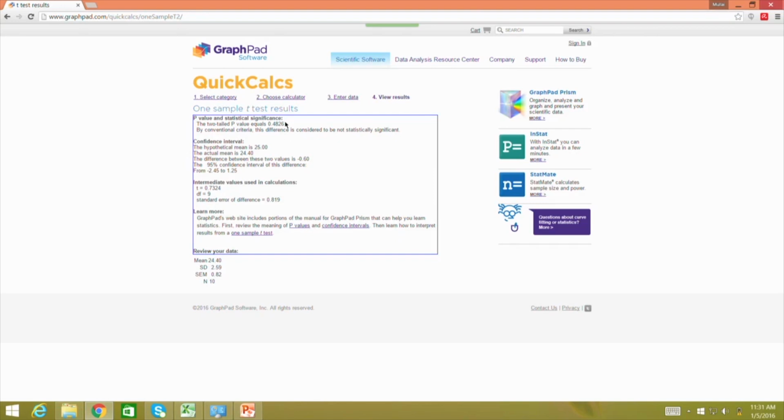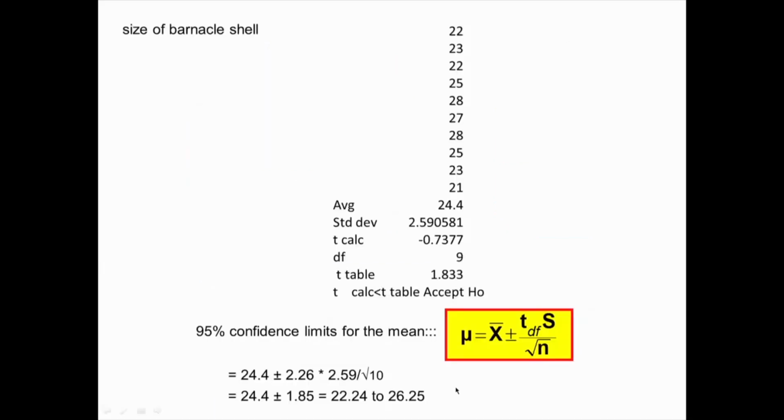The t value is 0.732, whereas you want 1.833, so obviously it is not statistically significantly different. So, you can put in your data and use the GraphPad software to perform this type of calculation.